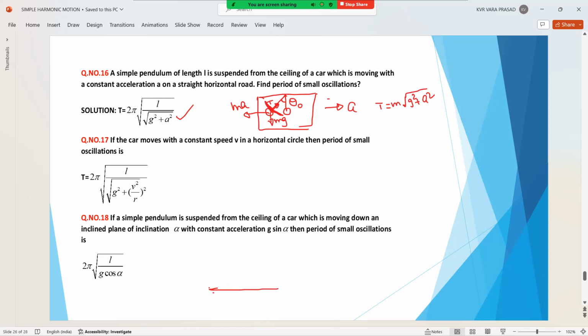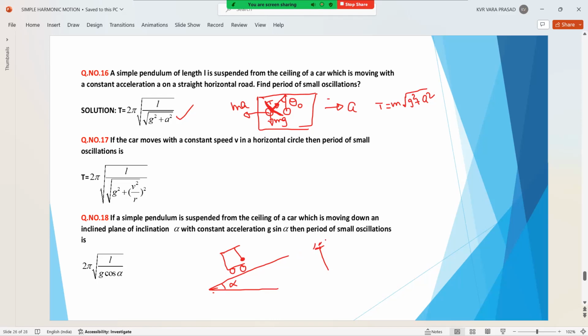I'm making a diagram here. The inclination is alpha. There is a cot which is moving down with acceleration. This is the simple pendulum. I will make the simple pendulum separately here. Now the simple pendulum will be normal to the inclined plane.